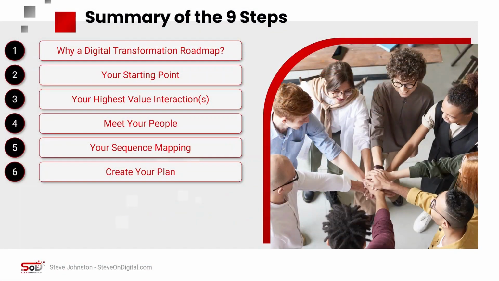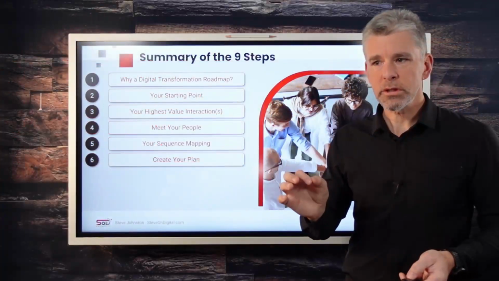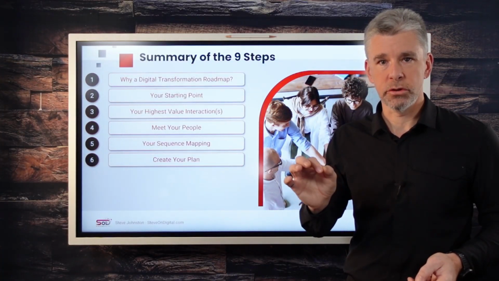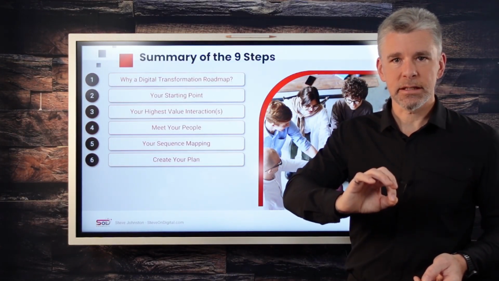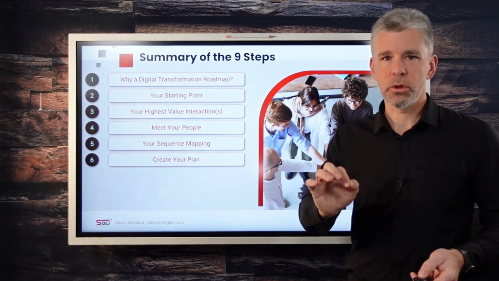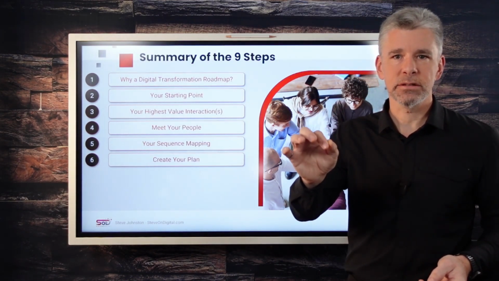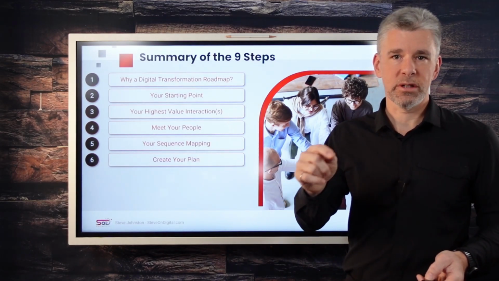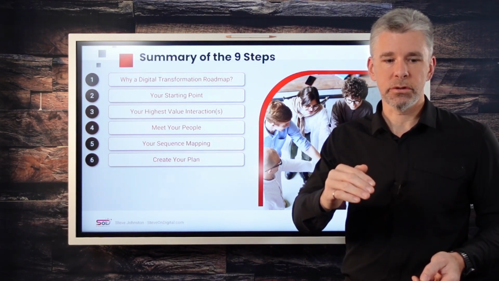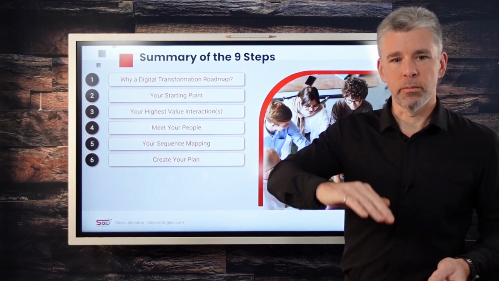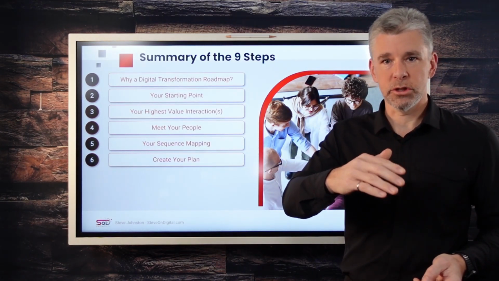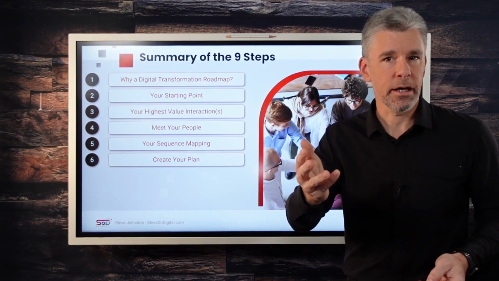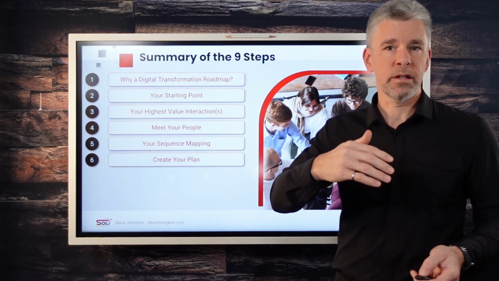Step number 6, you're ready to create your plan. Again, all the things before and focusing on the highest value interaction is going to help you to create a basic but good plan where you focus on where you can make a difference. And that's going to be very important as well to sell it, because you're going to create a plan that will improve the cash cow process, which is already doing okay, but you can improve even better.